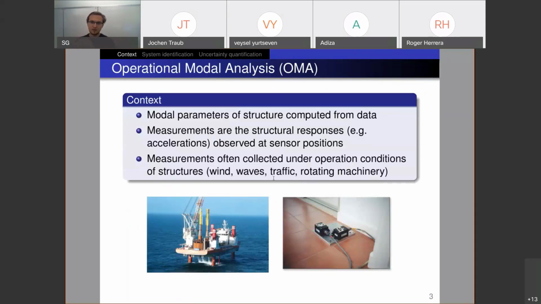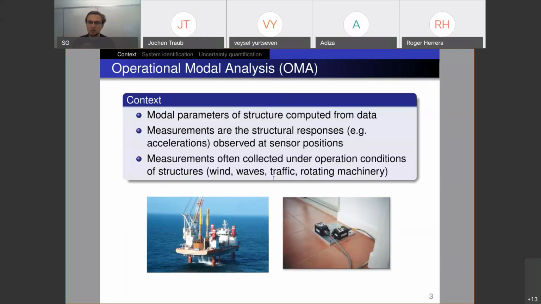So this webinar has two main pillars. One is operational model analysis, and the other one is uncertainty quantification. Now I'll start with the former. In operational model analysis, we aim to estimate the model parameters of our structure directly based on data.